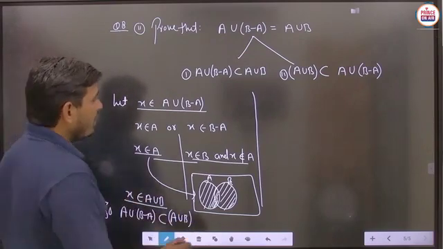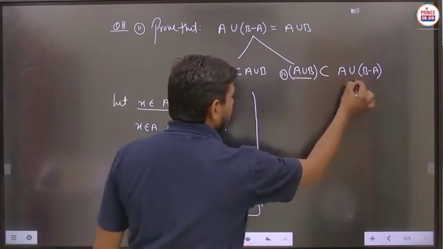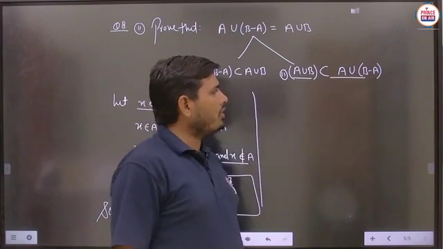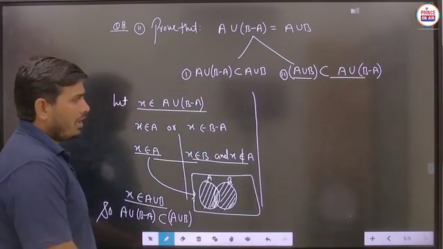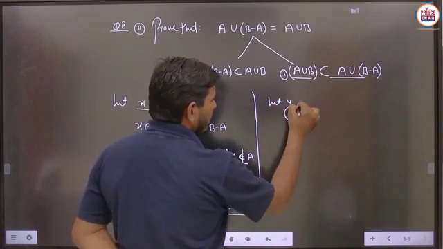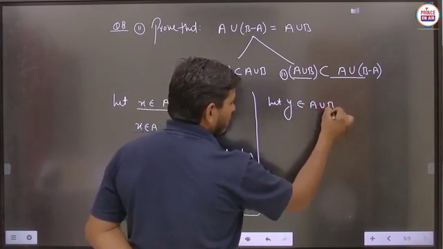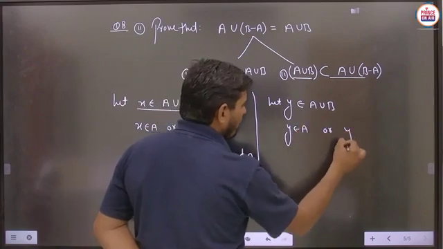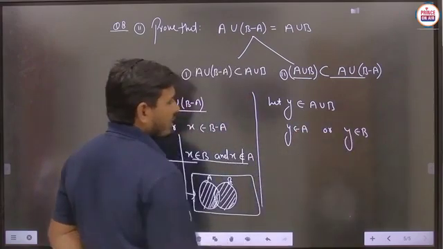Next part, we have to prove this part. Is it to be clear? A union B is a subset of A union B minus A. Is it to be clear? So we take any element Y that belongs to A union B. So you can say that Y belongs to A or Y belongs to B. Is it to be clear?